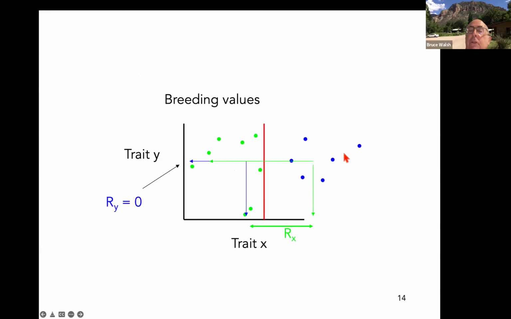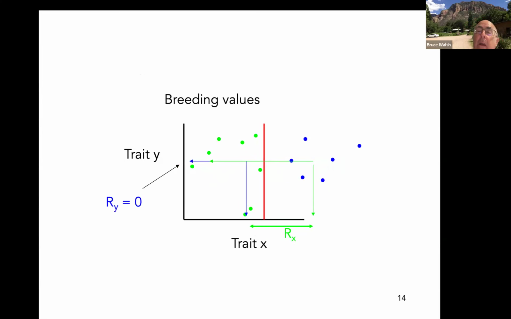The blue are the wedge that I selected. There's the mean beforehand in X and Y. So there's a clear change in the breeding value of X. I get a response in X, but look at Y. The mean of Y in this group afterwards is the same as before. So in this case, there's no genetic correlation.